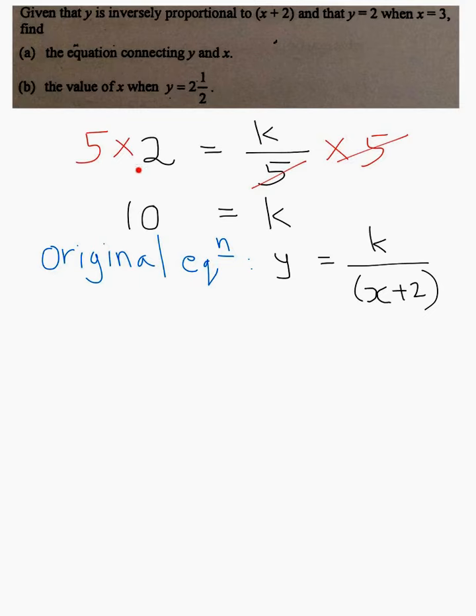Now that we find that the value of k equals 10, we can sub it into the original equation, and our final equation becomes y equals 10 over x plus 2.